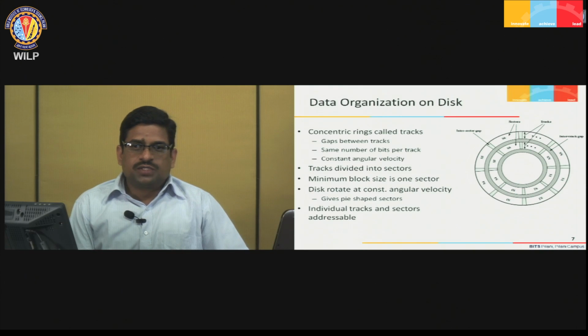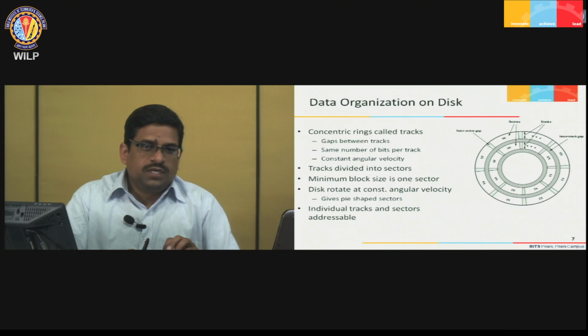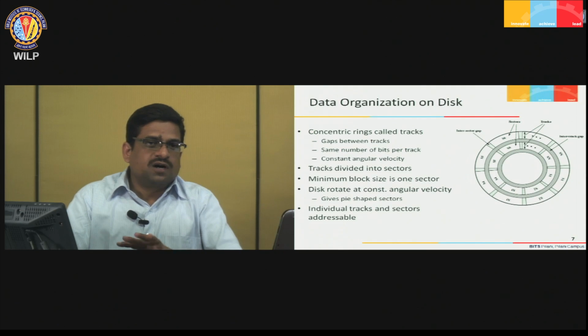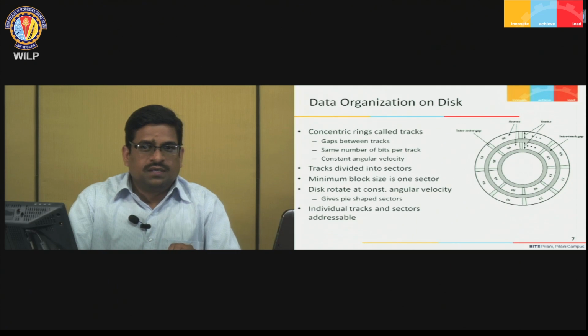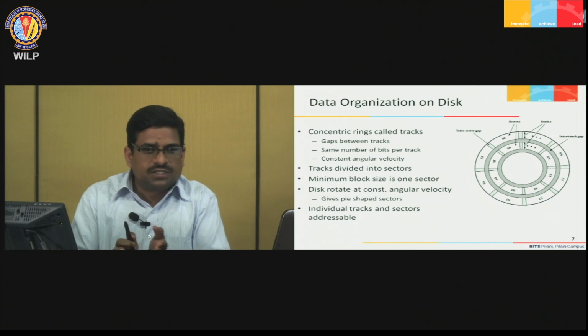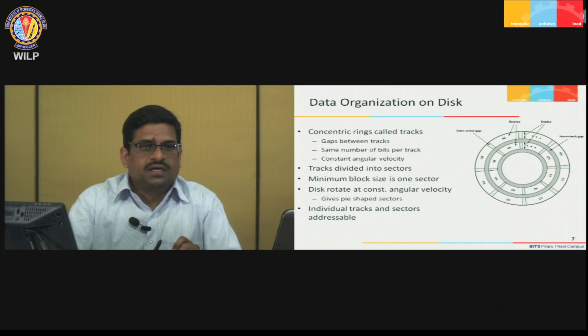So, like this we understood how exactly information is stored. The information is not stored on all of the surface, it is stored on the tracks only, and the tracks are further divided into sectors, just for the addressing mechanism.